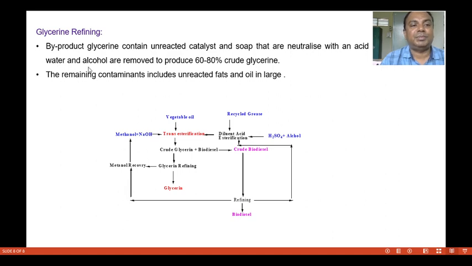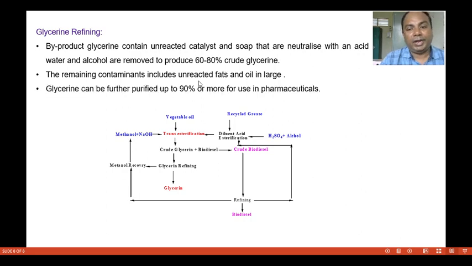This also has to be separated, water as well as alcohol. And finally the remaining contaminants, including the unreacted fats and oil, also have to be separated from the glycerol. This is called glycerol refining.